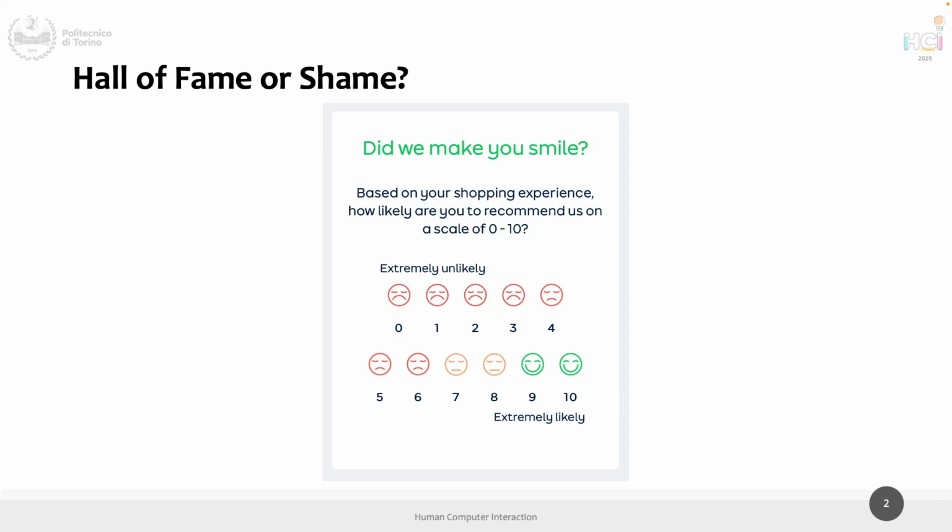It's not extremely likely, but 6 is also likely, but the face and the color don't give you the same sense. So this could be a bad example not to replicate, because it's trying to persuade that 9 and 10 are the right answer, but actually all the others are still positive. Also 7 is positive, 8 is positive, it's not neutral. Neutral should be 4 and 5, which are in the middle, or 5 and 6, which are in the middle of the scale.